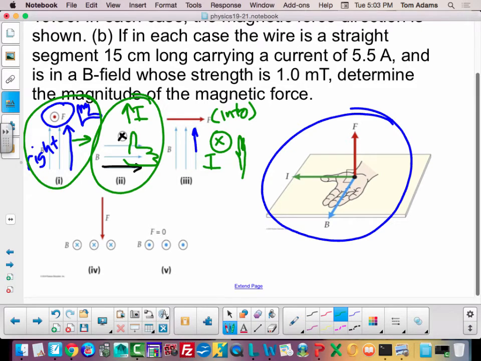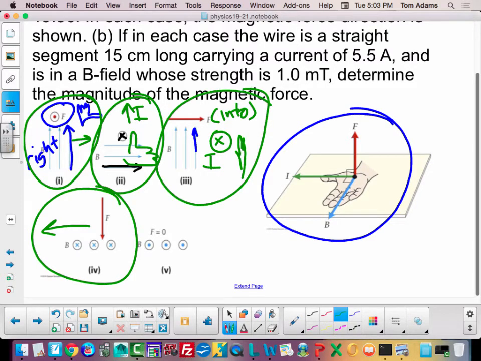Now let's do the fourth situation. I'm going to point my fingers in towards the board, and my palm is facing down, so the current would go left. Lastly, I'm going to point my fingers away from the board with no force. That one is kind of a trick question.